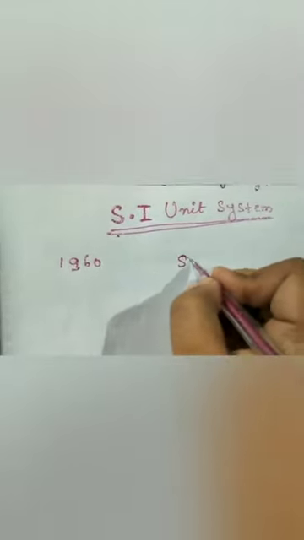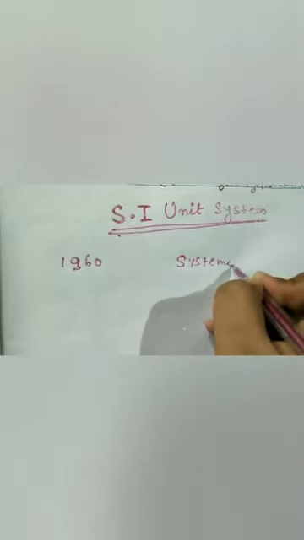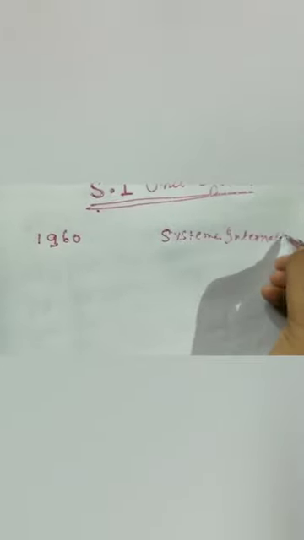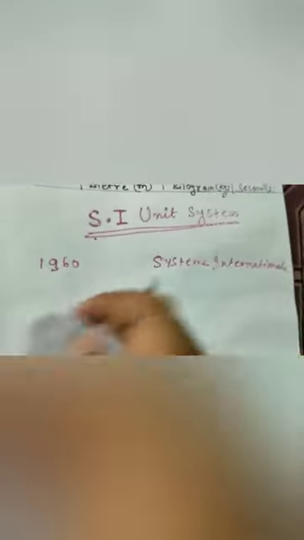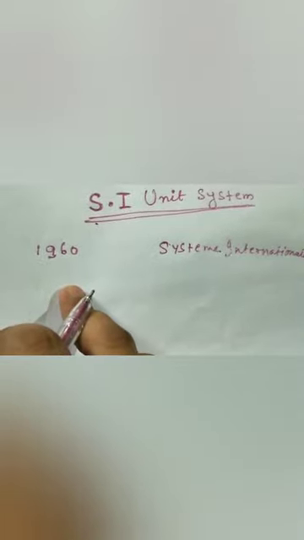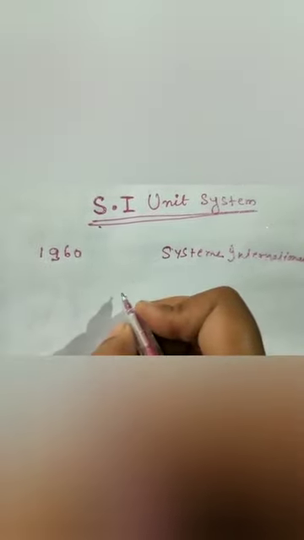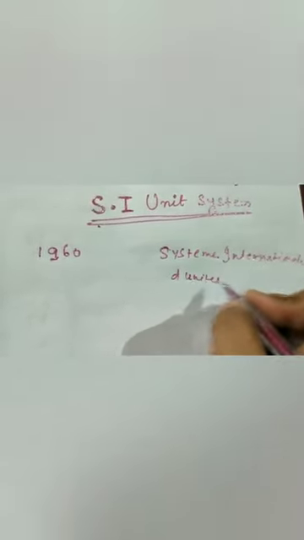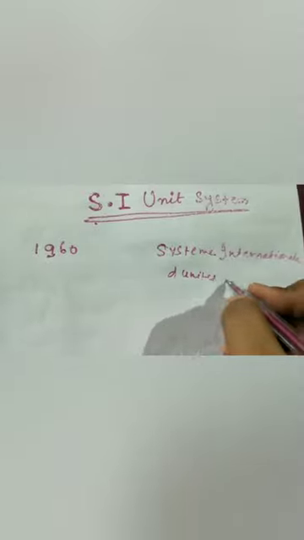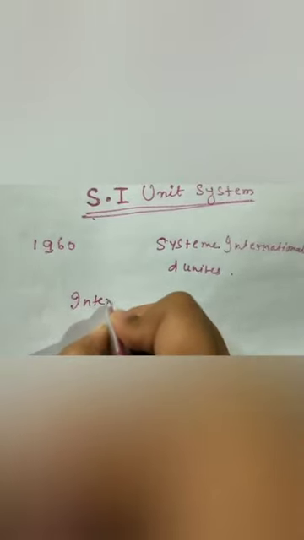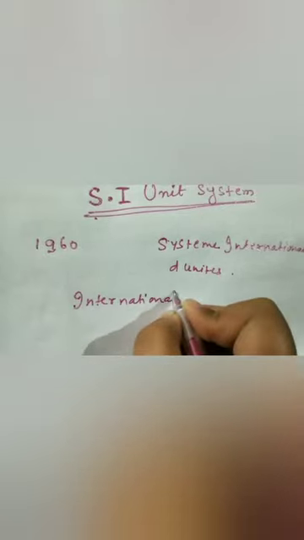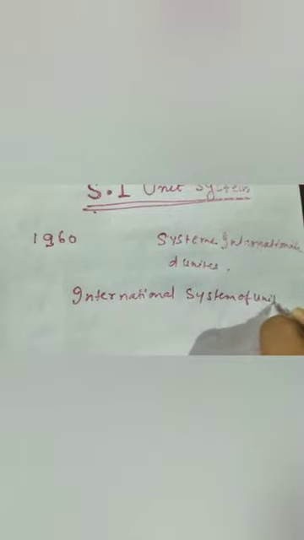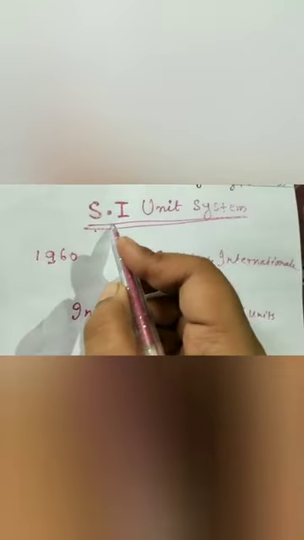SI stands for Système Internationale d'Unités, which in French means International System of Units. Okay, so this is the full form of SI.